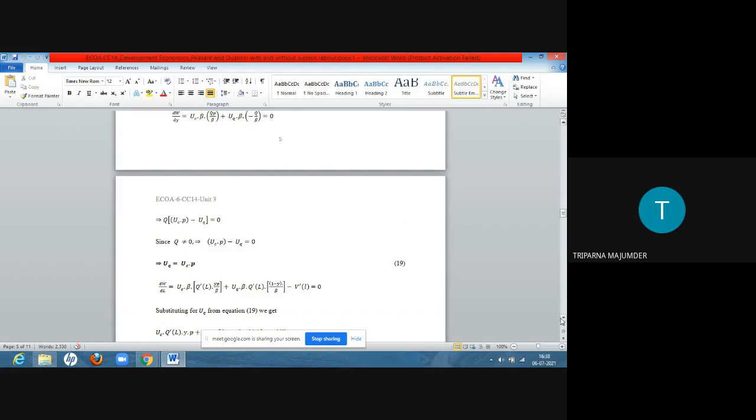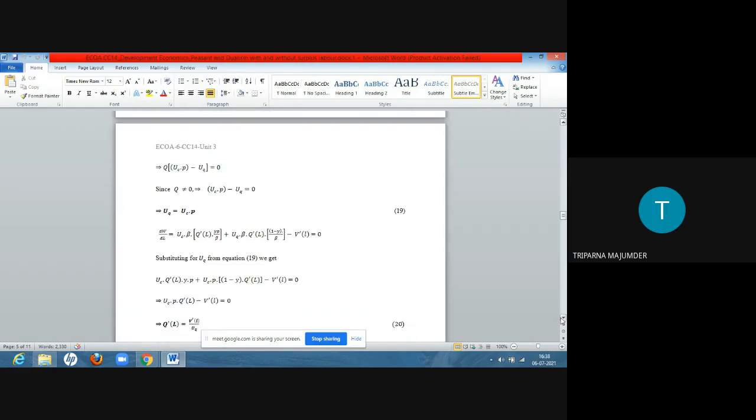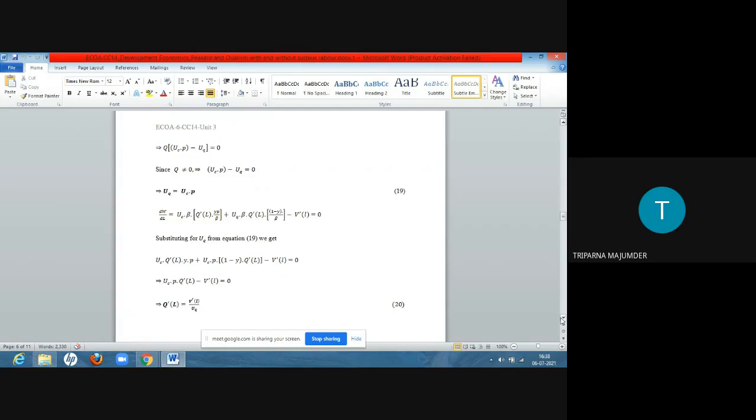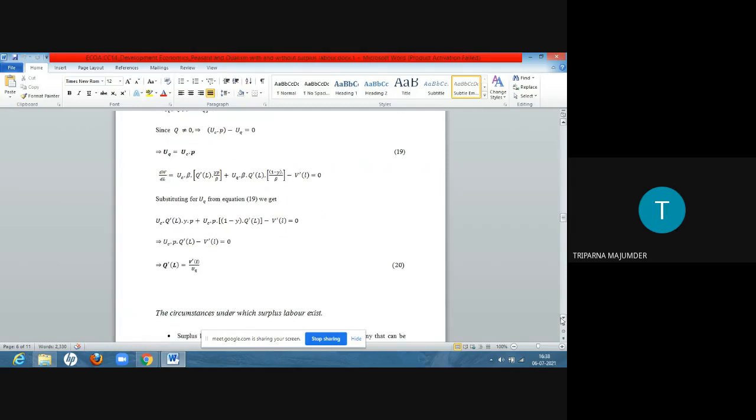Now, carrying out the second differentiation, dW/dL equal to 0, and substituting the first order condition here, and then simplifying it further, we get that the marginal product of labor is equal to the marginal disutility of work over the marginal utility from income.